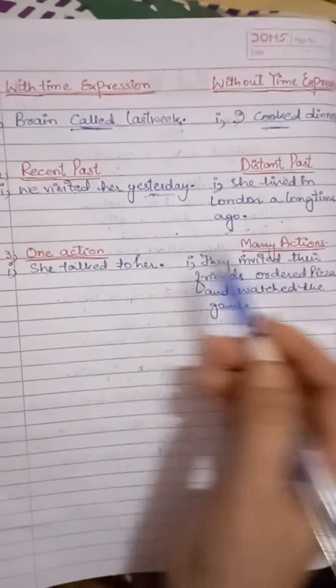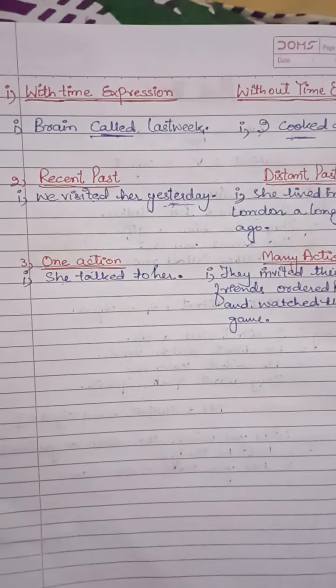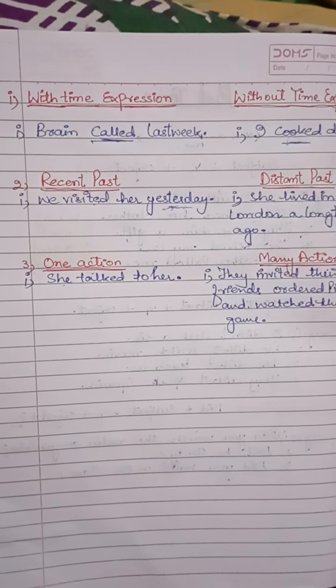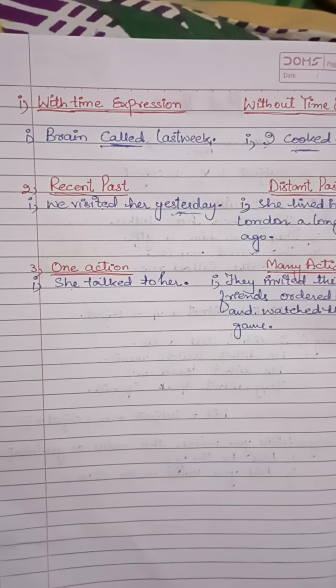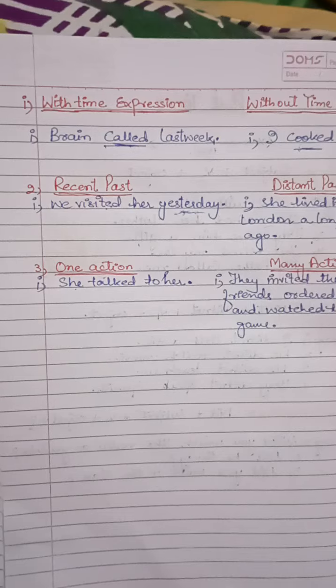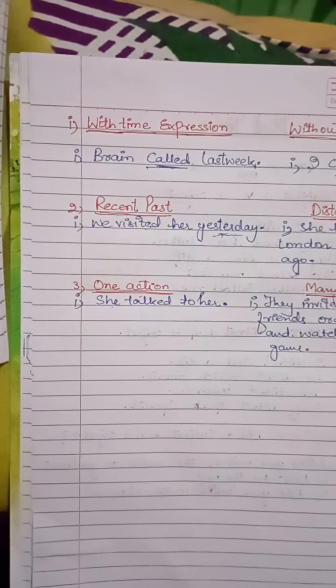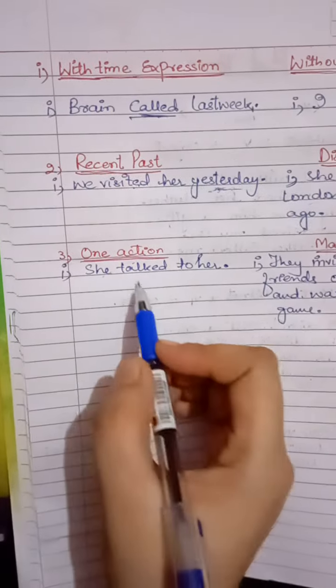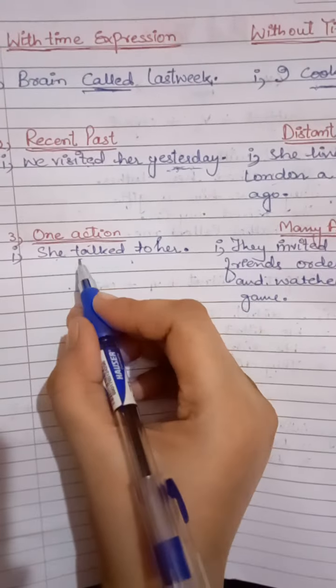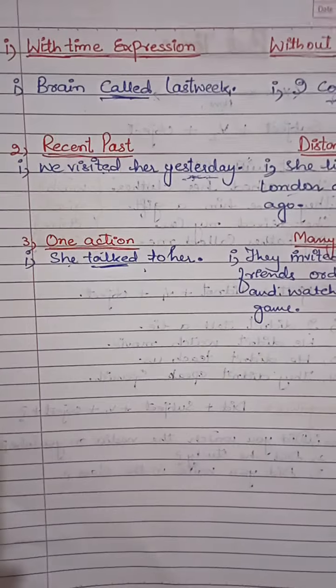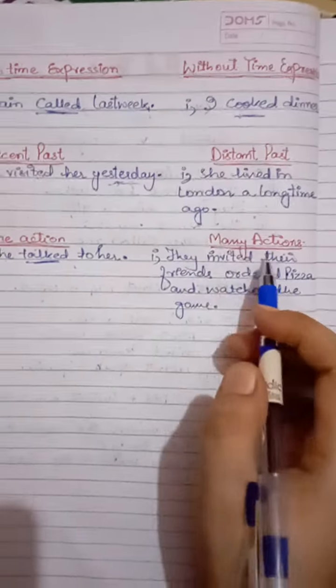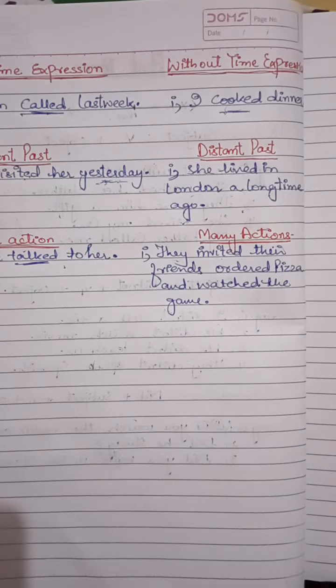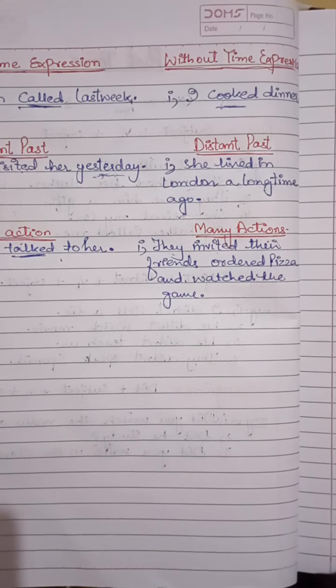Next, one action or many actions. We can use one verb or we can use many verbs in the sentence. It doesn't matter, usually they will all be in the past simple tense. We can use it for one action, like she talked to her. This is one action. And in many actions, example, they invited their friends, ordered pizza, and watched the game.